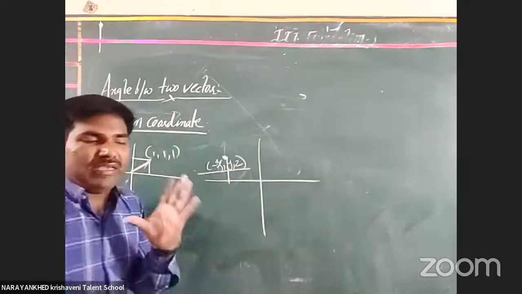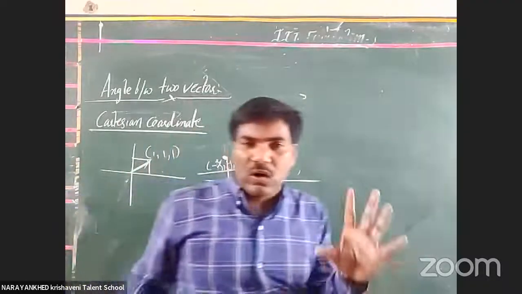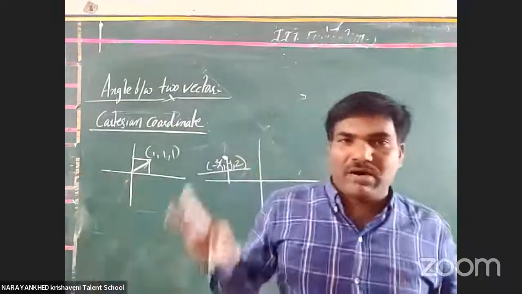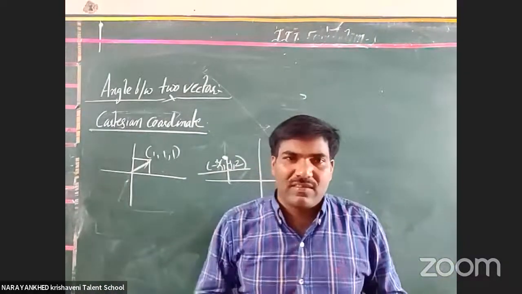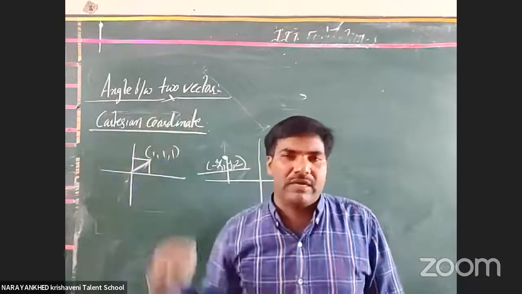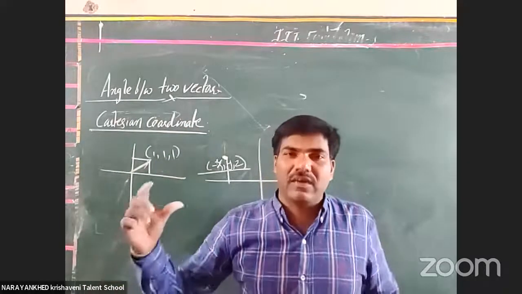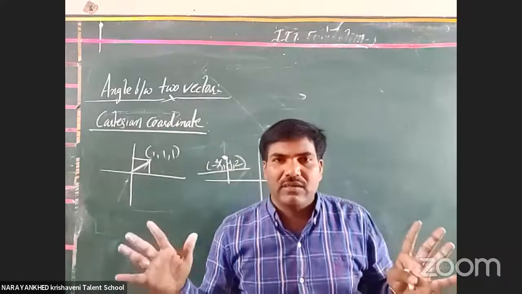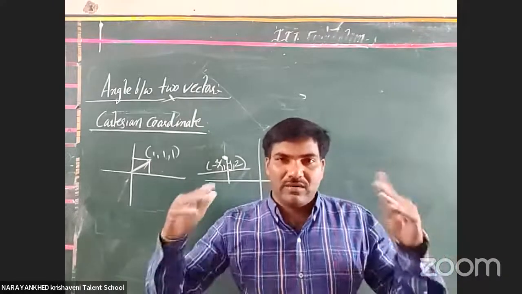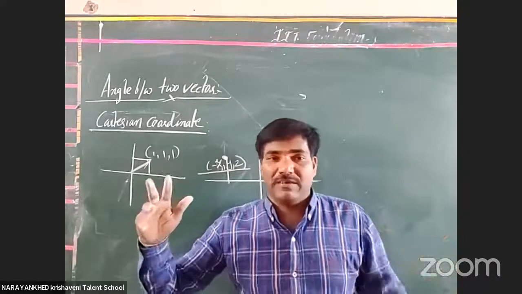Simply, whatever the coordinate system is, x comma y comma z, with respect to those axes, what is the position of our particular point or a particular physical quantity? Got it? That is what we consider here.